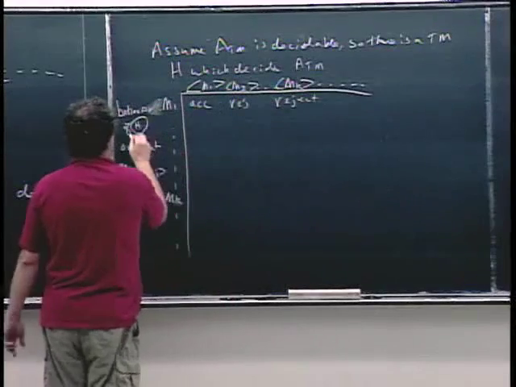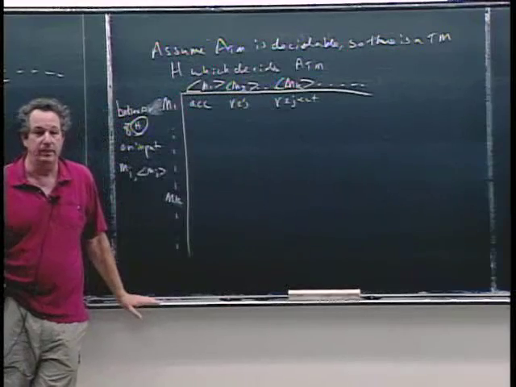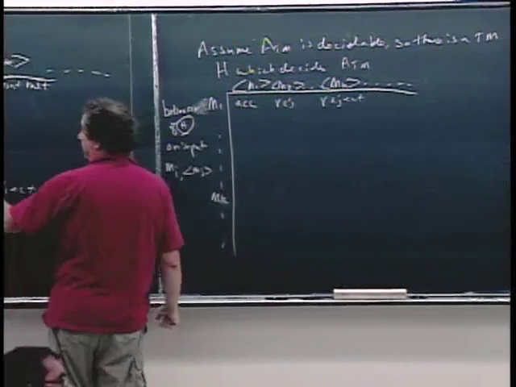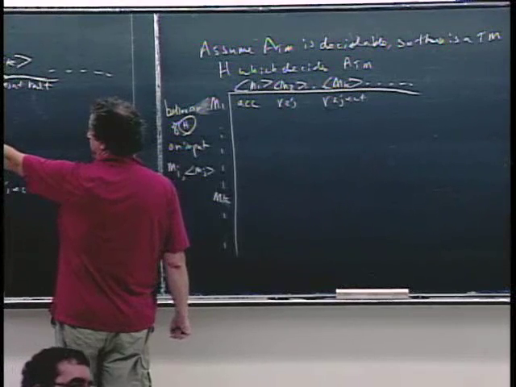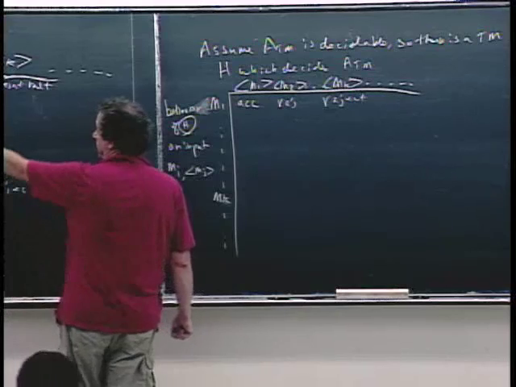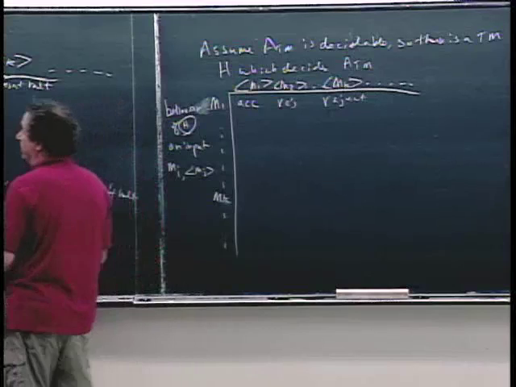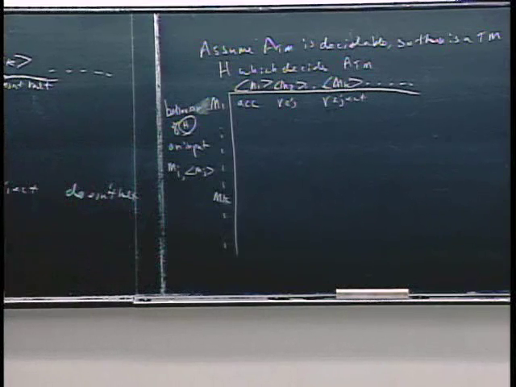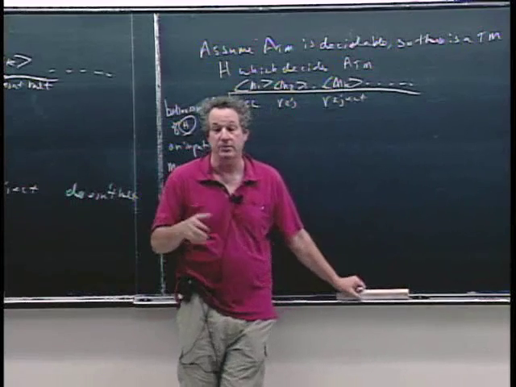H is a decider for ATM. ATM is the language consisting of a description of a Turing machine with a particular string. Okay? And it's supposed to accept when M accepts W. And it's supposed to reject when M doesn't accept W. Doesn't accept means either that M rejects or M doesn't halt.